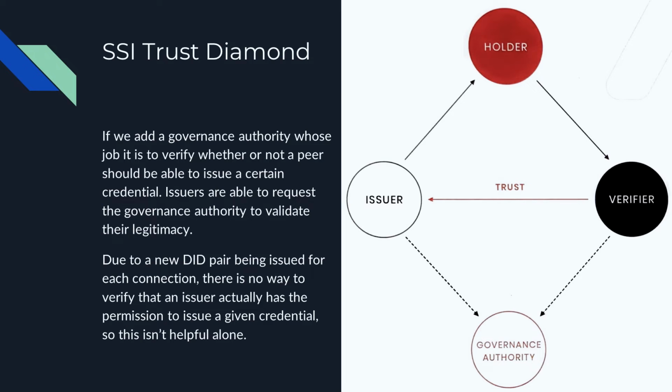And so the concept that has been used to solve this issue is having a registry where, at the point in time where the issuer goes to this governance authority and says, hey, I need to be able to do roofs, and I need you to validate that I can do that and put that somewhere, the governance authority stores that along with their signature. That credential is stored in a registry.